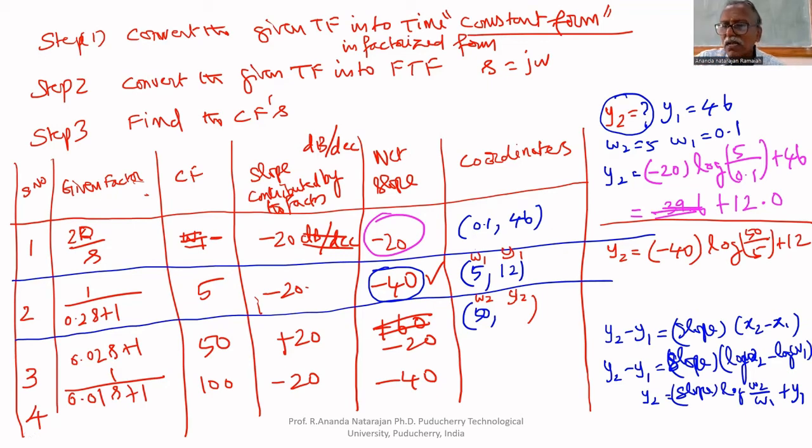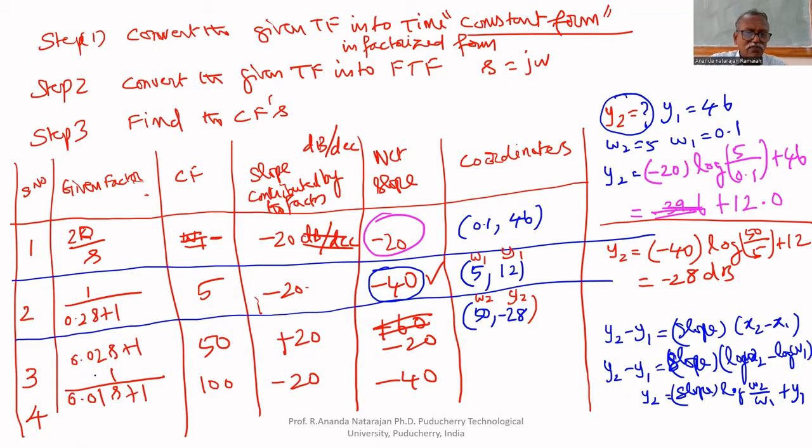Log 10 is 1, 50 by 5 is 10. Therefore, minus 40 plus 12, minus 28 dB. Therefore, the coordinate is 50, comma minus 28.